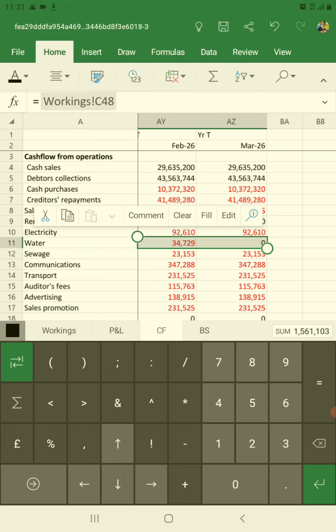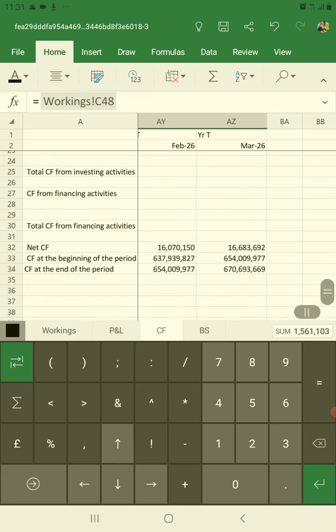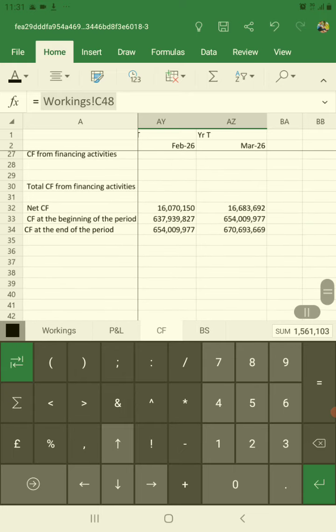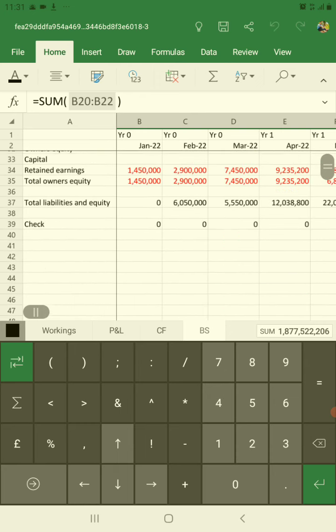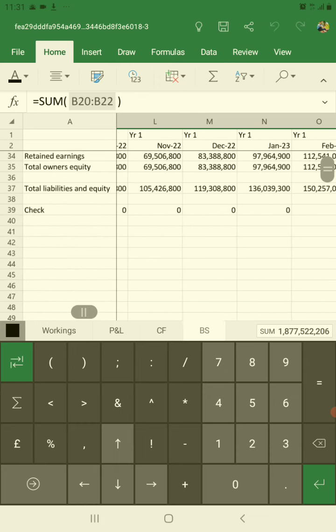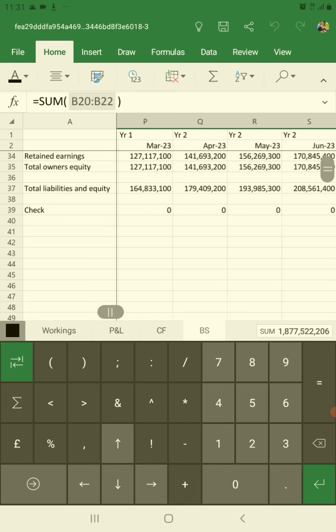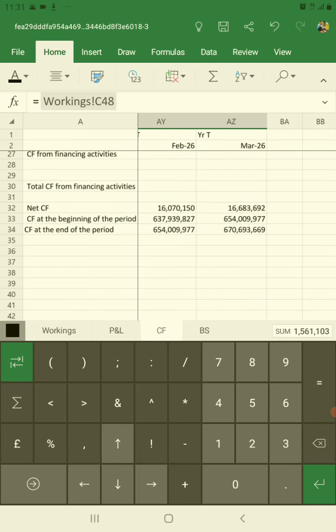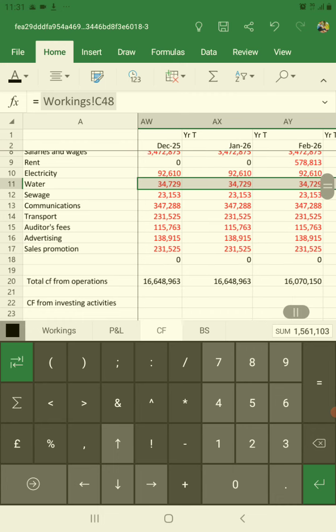Okay, then my balance sheet will not be balanced up to now. If we go to check, I mean the balance sheet here, if we go to check, it has not balanced. Why? There must be something. Let me check. In the cash flow, I have already reflected the changes in water.